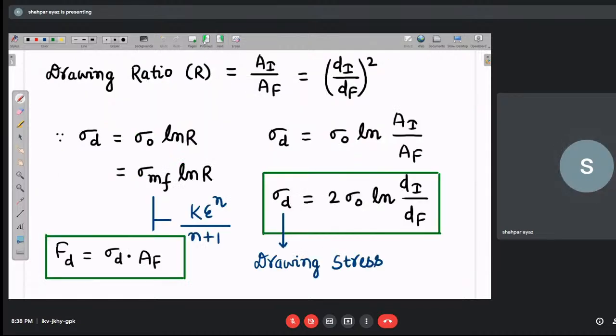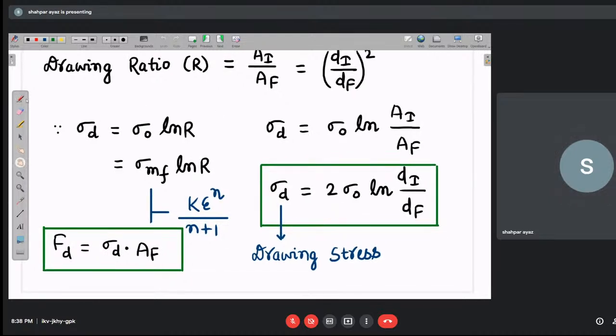Right. How can we calculate drawing power? Drawing power is drawing force into drawing velocity.